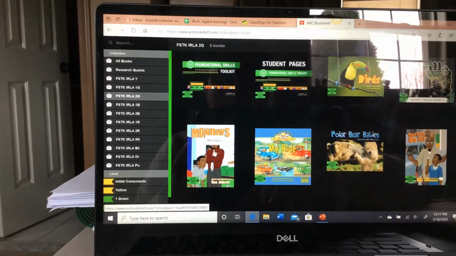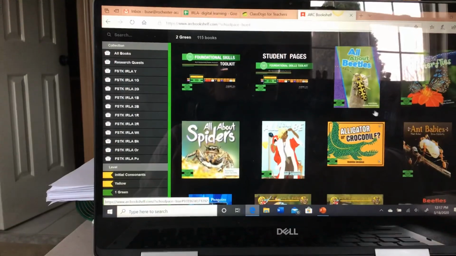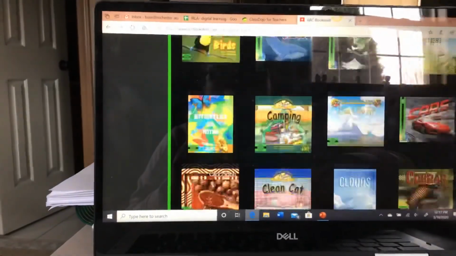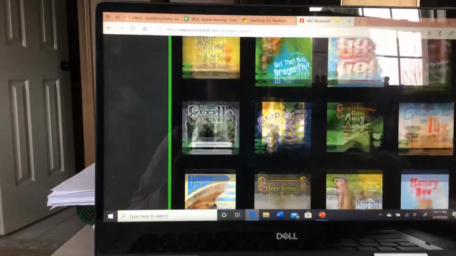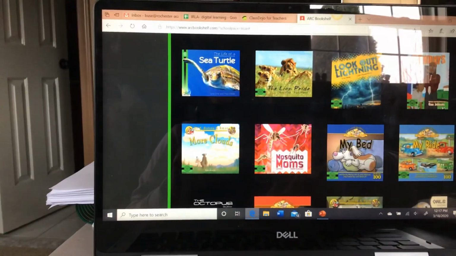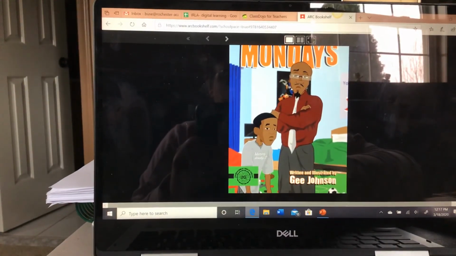And you're going to click on 2G, and you're going to scroll until you find Mondays. It is alphabetical order. You'll click on Mondays and you'll go ahead and read.